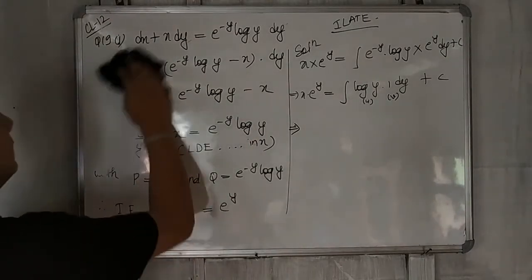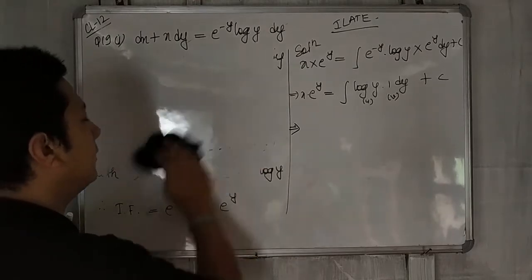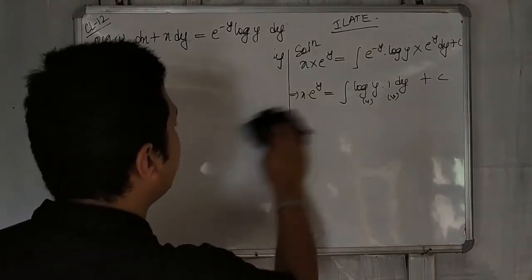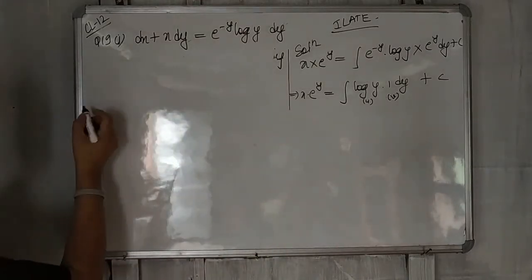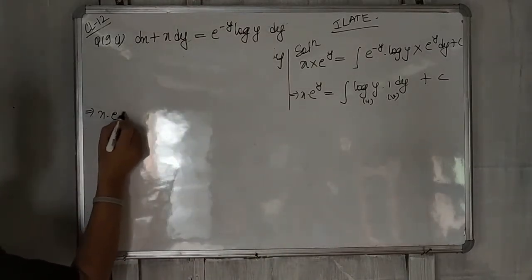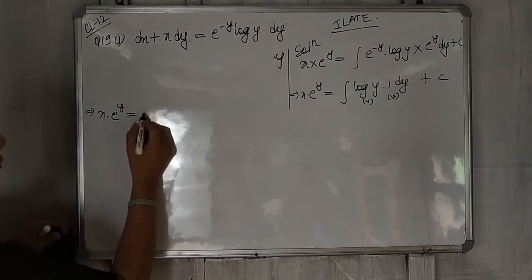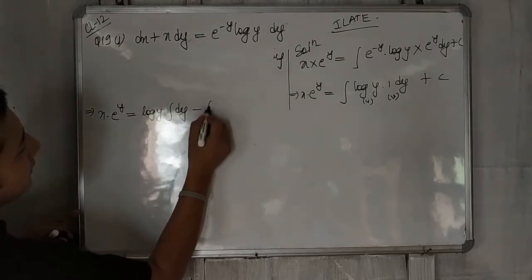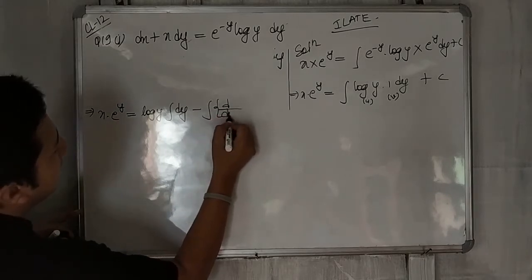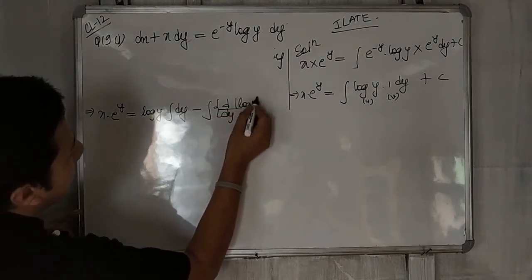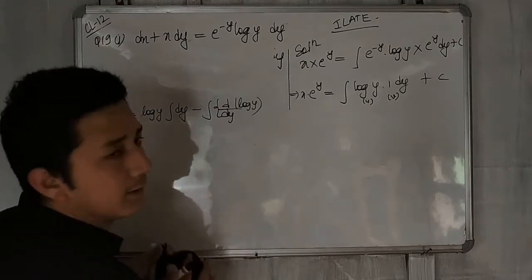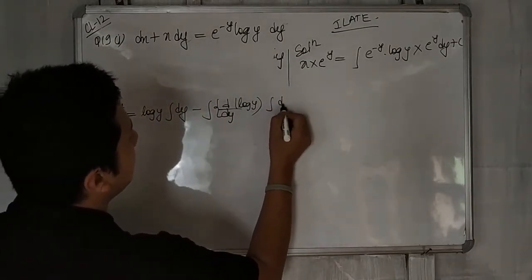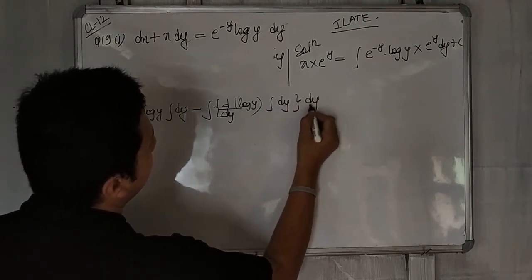Alright, so therefore I'll do my integration by parts from here. So x into e to the power y is equals to log y integration dy minus curly bracket d by dy of log y, and then integration dy close dy plus c.